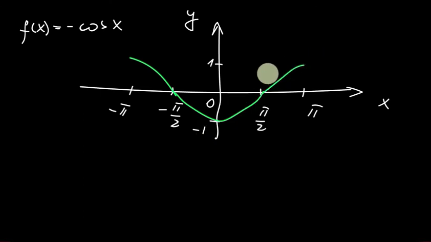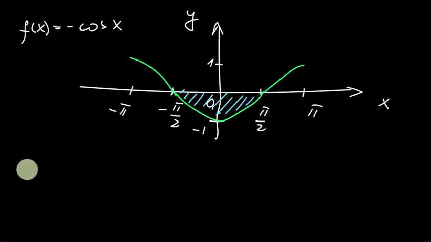So we are not interested in this. We need to calculate an area from minus pi over 2 to pi over 2. So this is the area that we want.